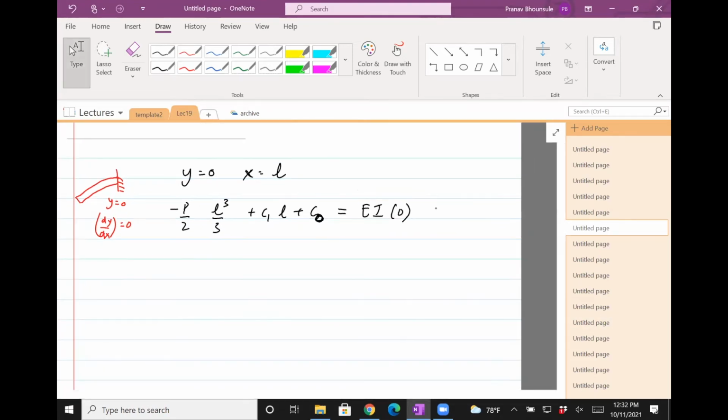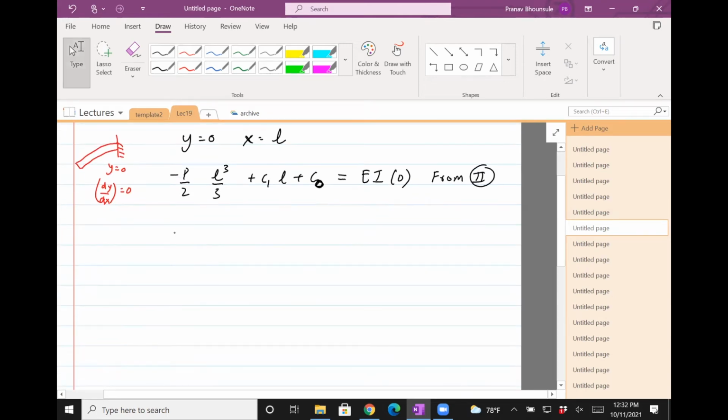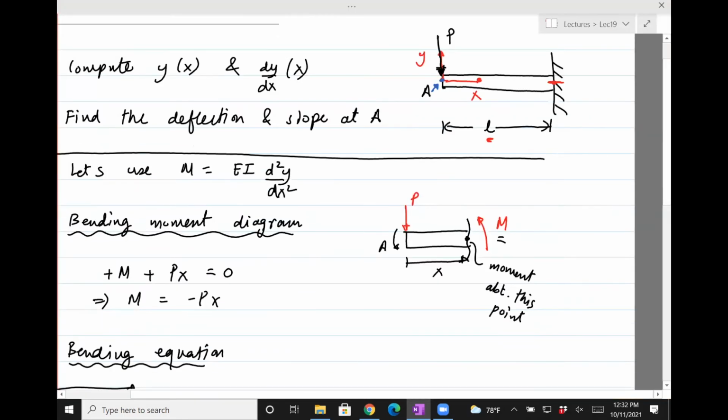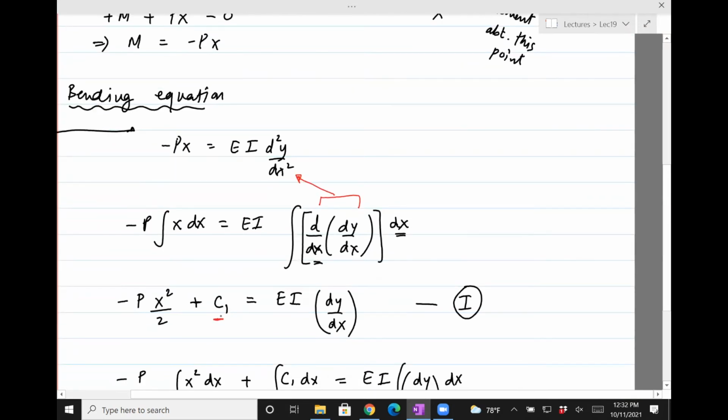Also, we know that dy by dx equals 0 at x equals L. So at this point, again, it's 0. So I can look at expression 1, which is right here. I'm going to put x equals L and put dy by dx is 0.